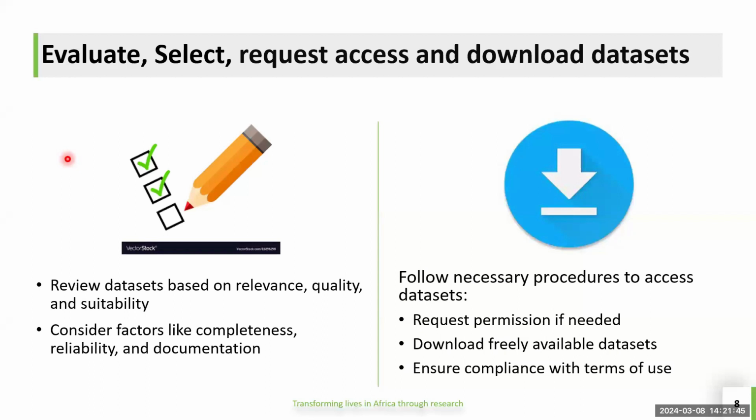Sometimes a provider may say, oh, I have got this data, but are the variables that you're interested in in the data, are the data complete? Are they pertaining to the population that you're interested in? So you want to check those things.